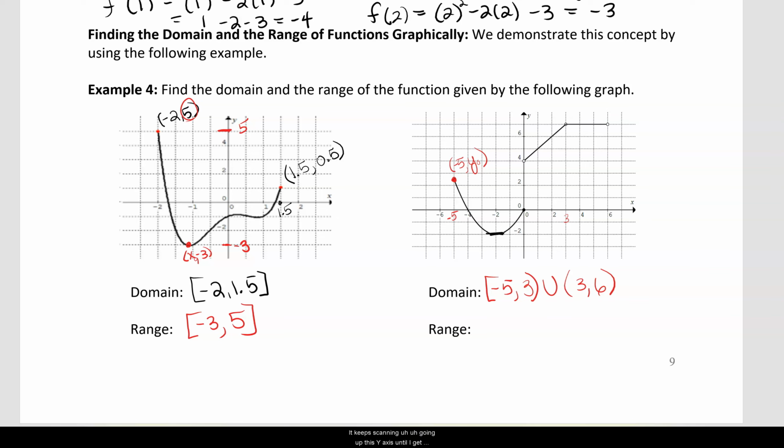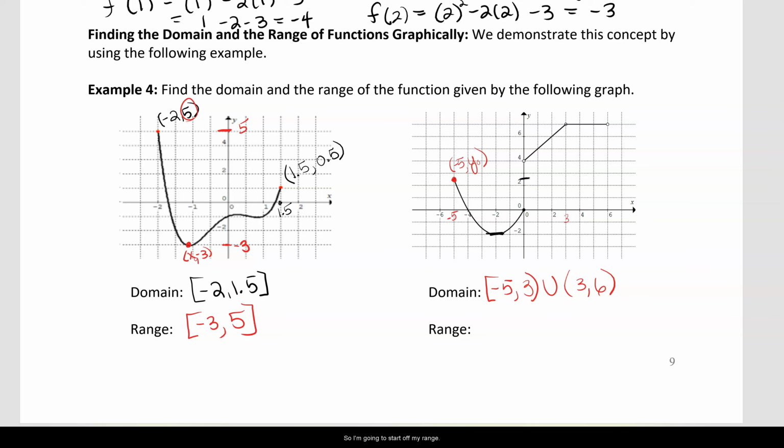It keeps scanning, going up this y-axis until I get to about right here. There's nothing graphing to the x and y. Nothing is graphing. So that means that from this space on the y-axis to just on the other side of 4 on the y-axis, the range is not existing.